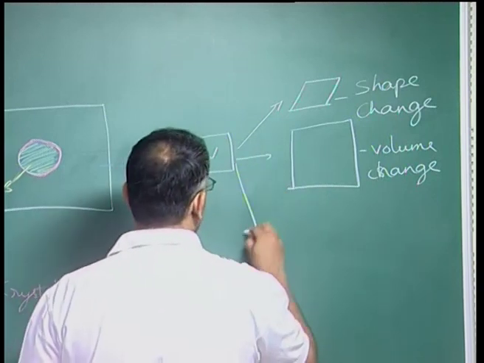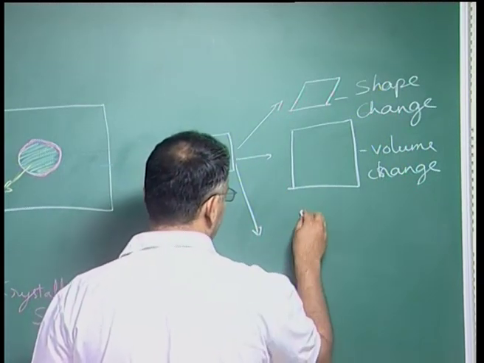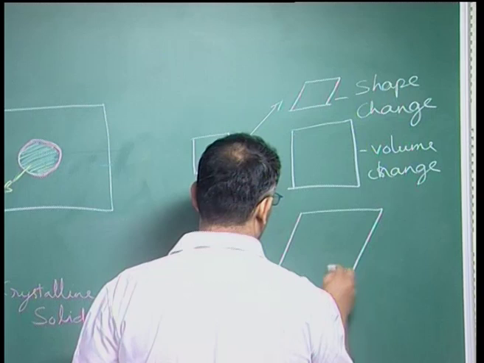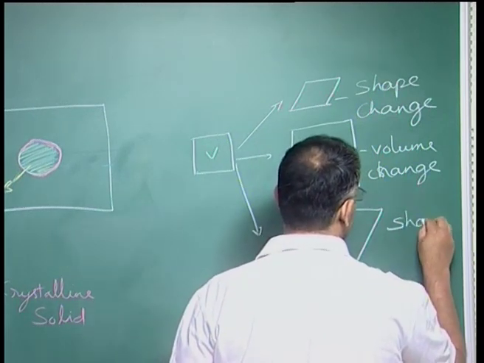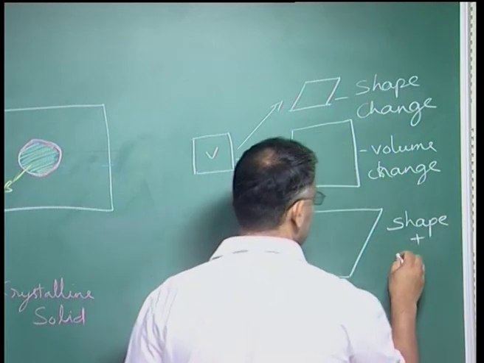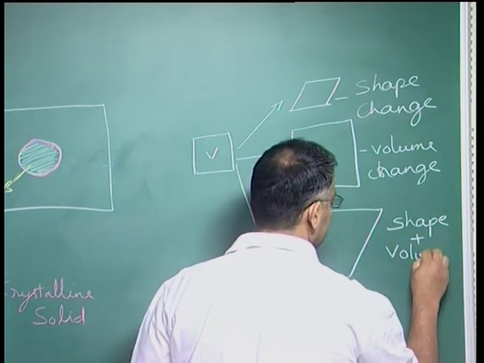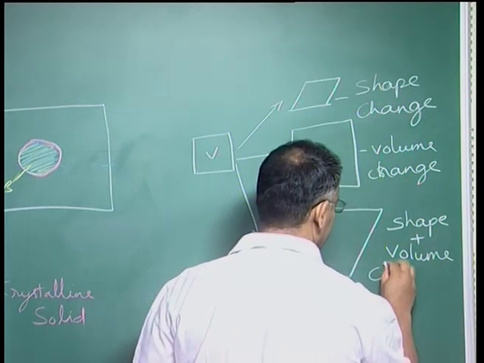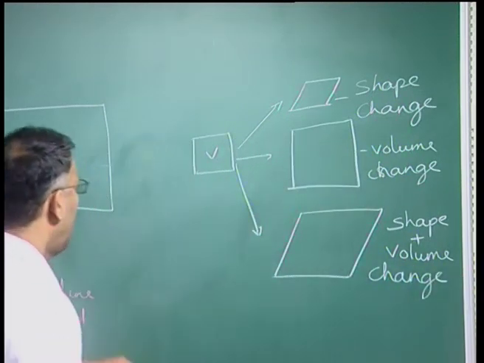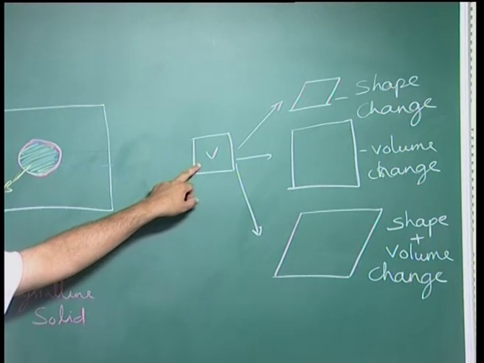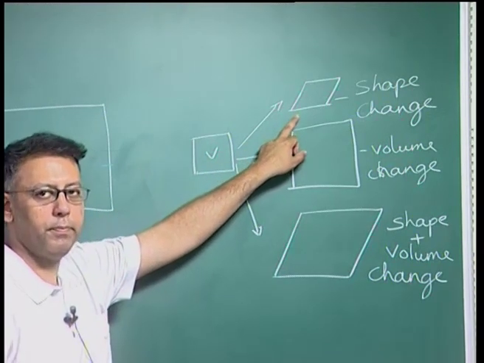Or I could have a combination wherein I have a volume change and a shape change. So, I have volume V of material and it is changing in shape.